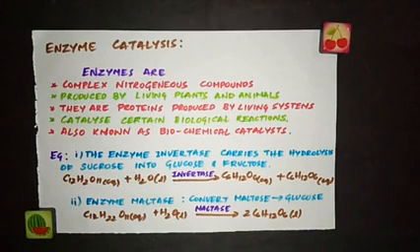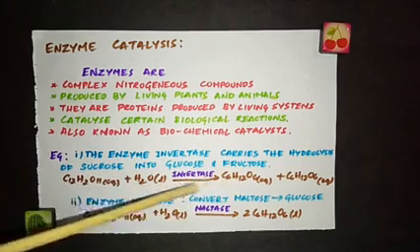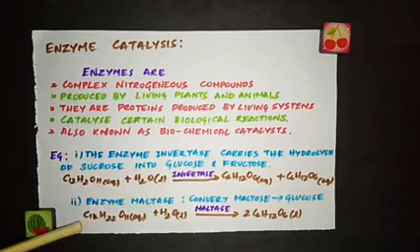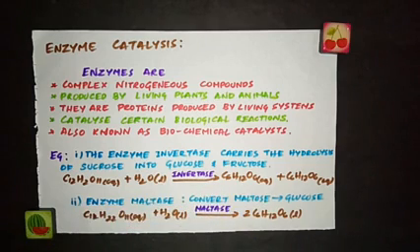So without enzymes, living processes would be too slow. These are examples of enzyme catalysis. Here sucrose is converted into glucose and fructose by the enzyme invertase, and maltose is converted into glucose by the enzyme maltase.